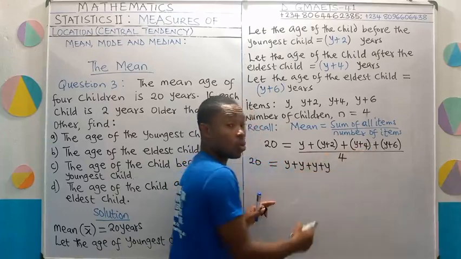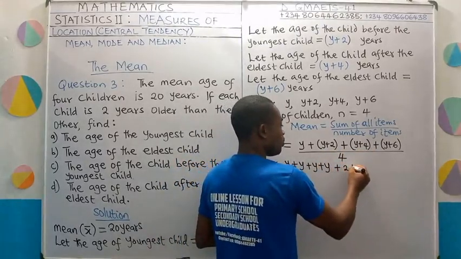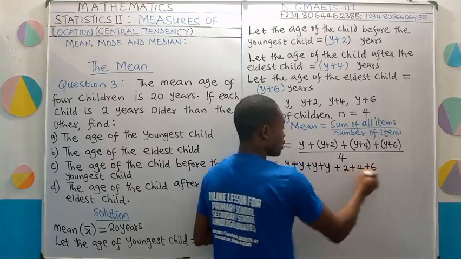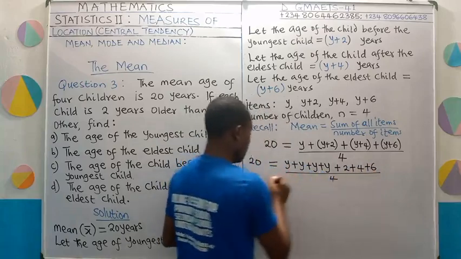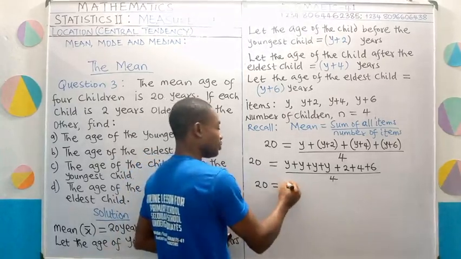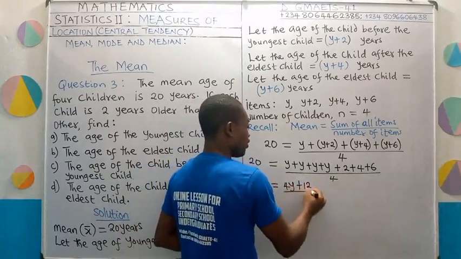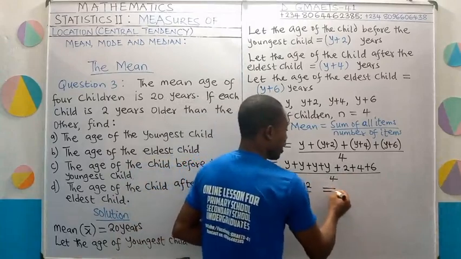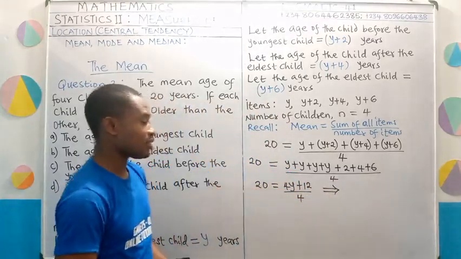We have 4 y's there. Then the numbers plus 2 plus 4 plus 6 divided by 4. Now if you work out this, you get that 20 is equal to 4y. Then if you add up this, you get plus 12. Divide this by 4. This implies that.